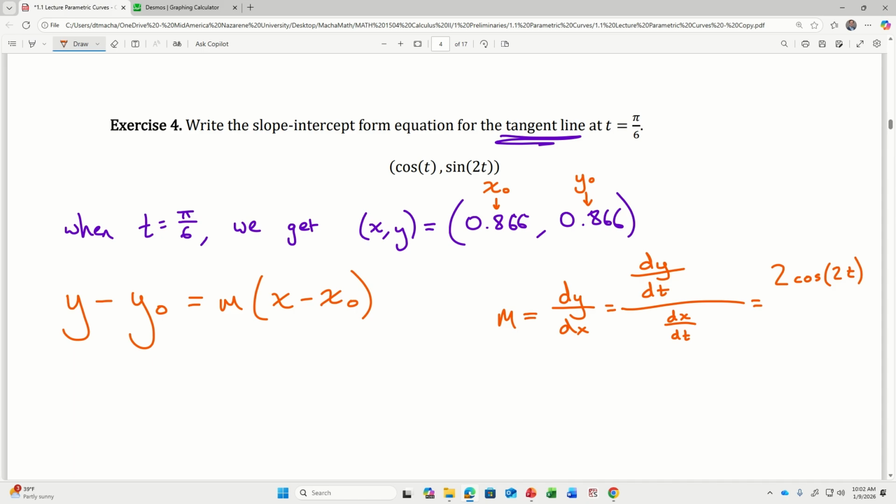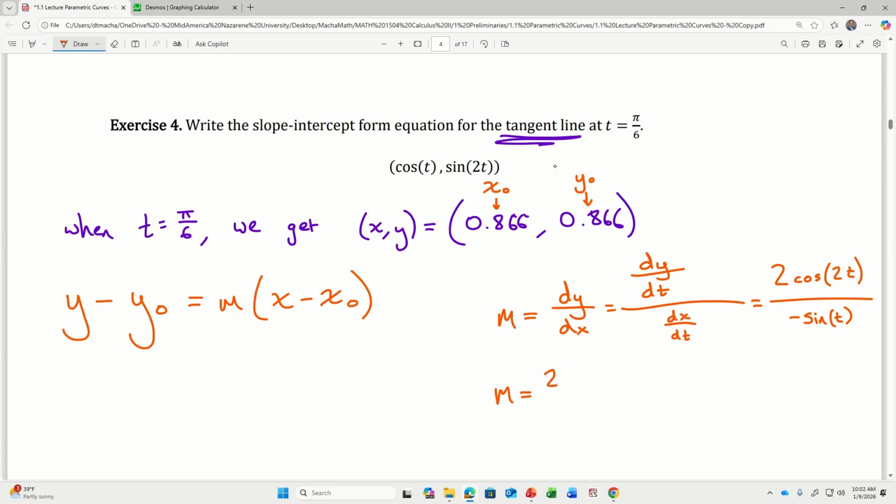And then I'm going to divide by what? dx dt. What's the derivative of cosine of t? Negative sine of t. So that's going to be my slope. And specifically, I want the slope when t is equal to pi over 6.